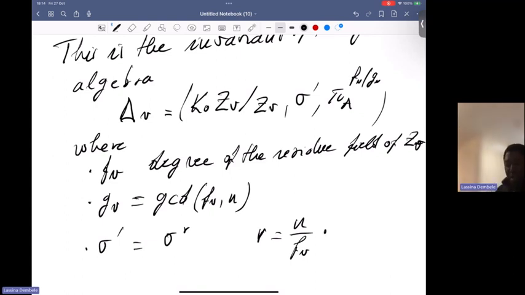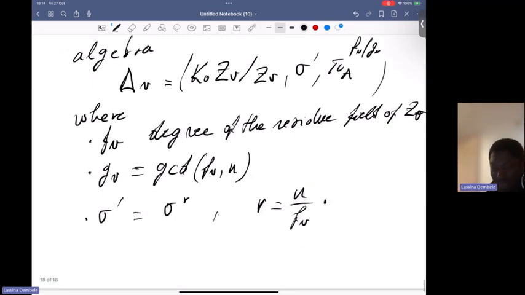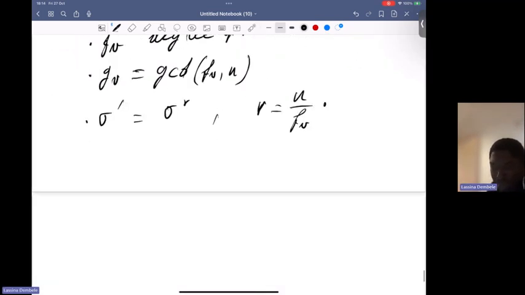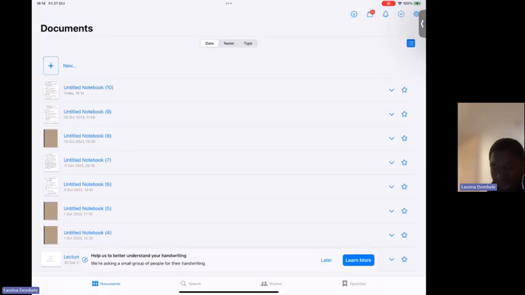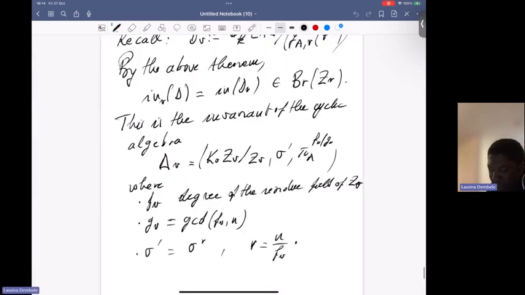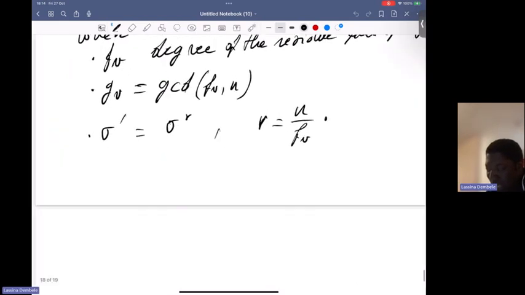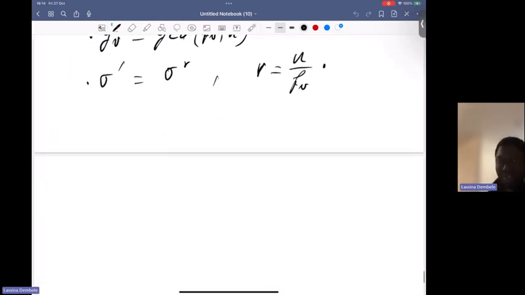Okay. So if you go back and look at the proof that we did, this is what you are going to get from that discussion. And so that tells you that you can write the invariant of your quaternion algebra very easily.